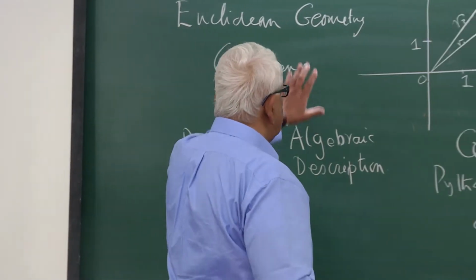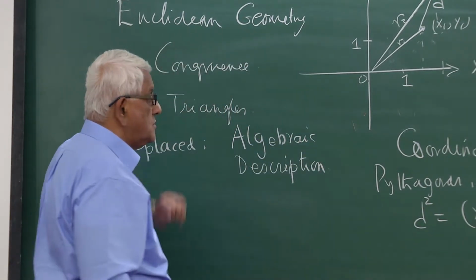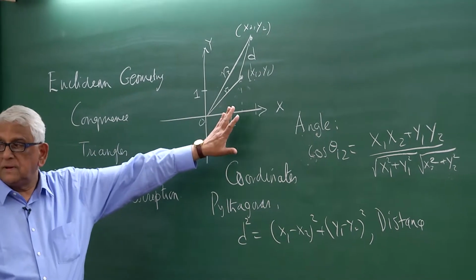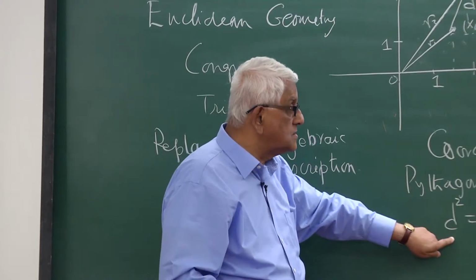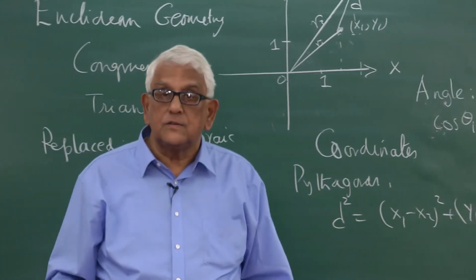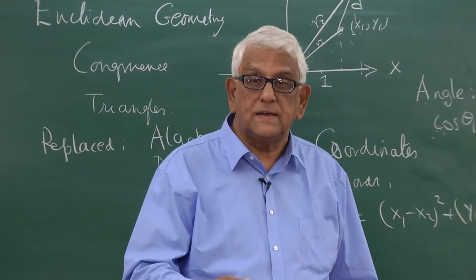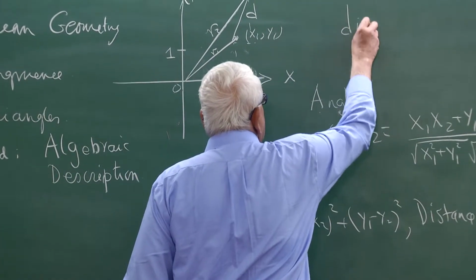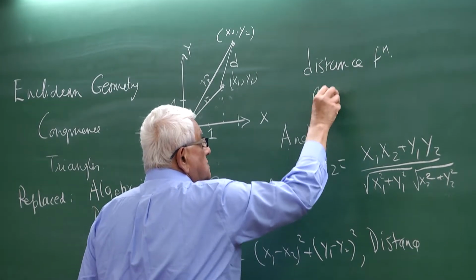So, from this point of view, once we use coordinates, Euclidean geometry is really a system of points in a 2 dimension in the example, in which a distance function is given and an angle thing is given. So, the geometry in this case is just, you have to give a distance function and you have to give angle functions.